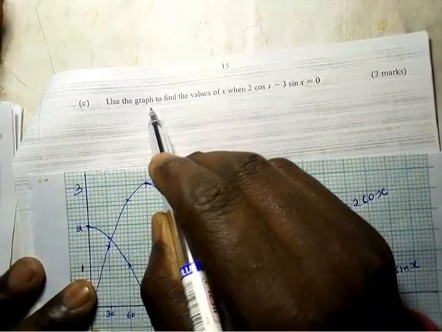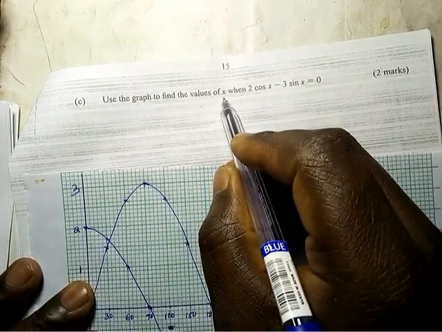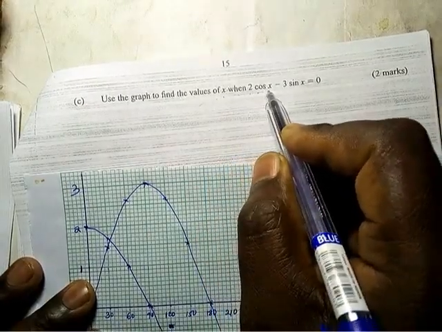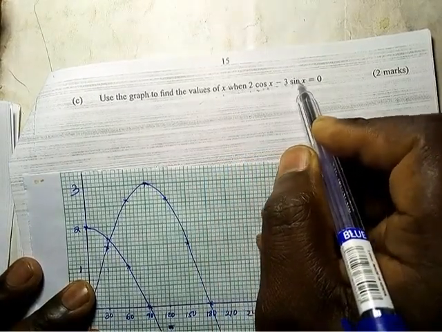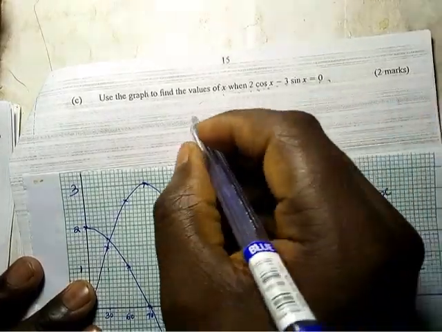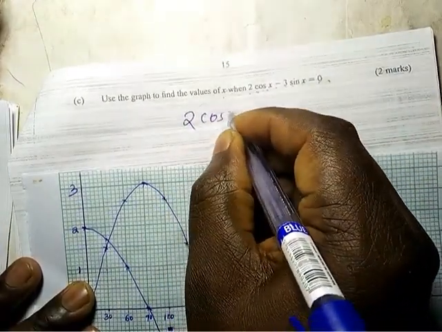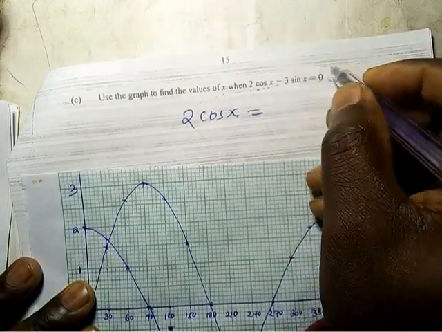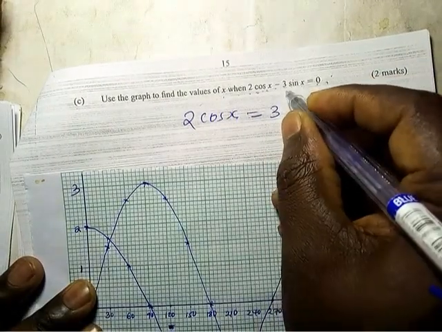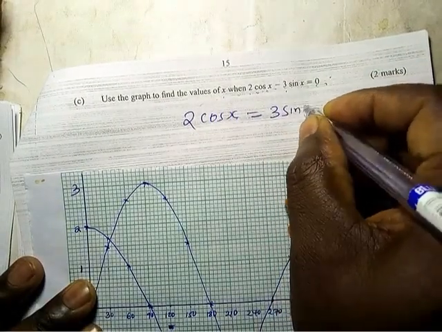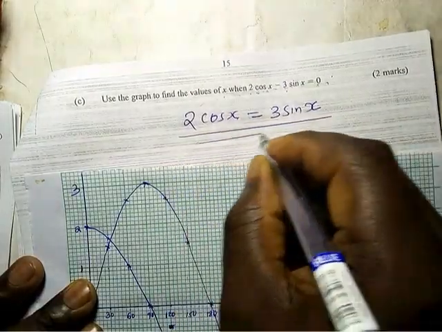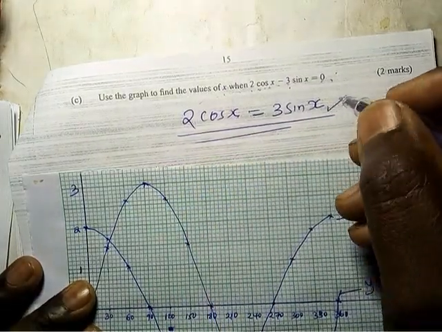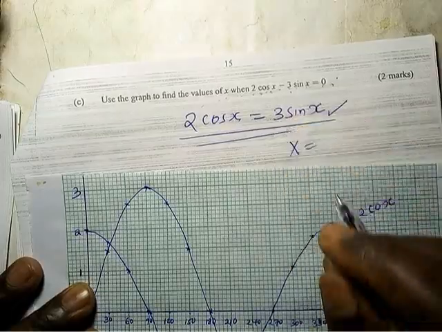Use the graph to find the values of x when 2 cos x minus 3 sin x is equal to 0. This simply means 2 cos x is equal to, we take it to the other side, positive 3 sin x. That's what it means. And this means you find the values of x where the two curves meet.